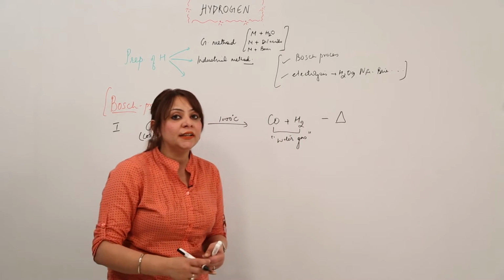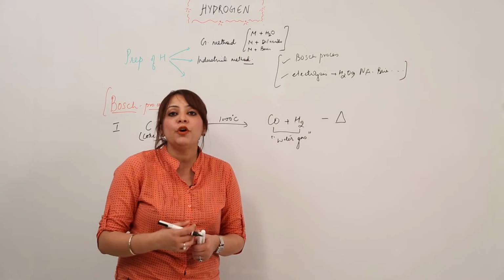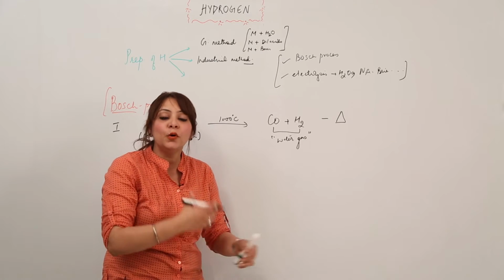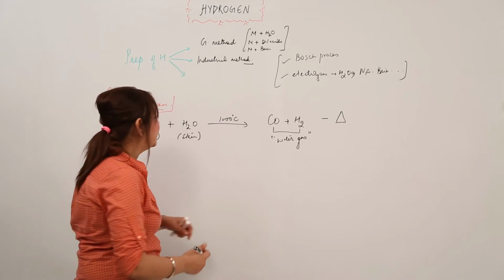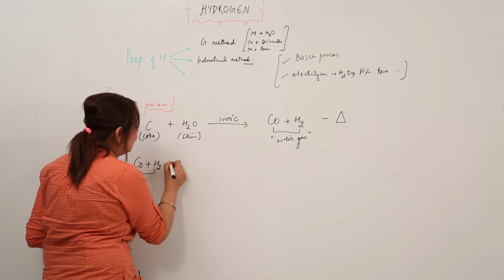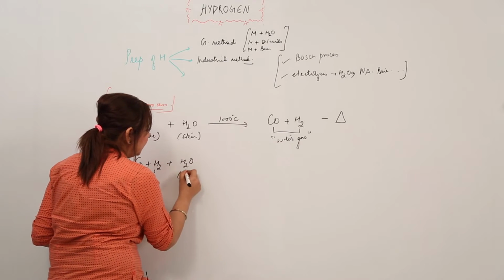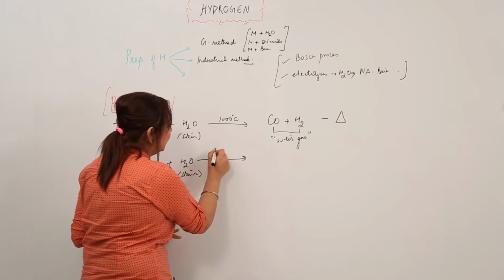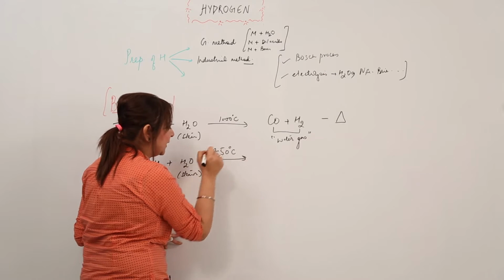But we haven't got the main product we were looking for, that is hydrogen. So obviously some more reaction has to be performed. In the second reaction, this water gas is passed through excess steam, and approximately the temperature is 450 degrees Celsius.